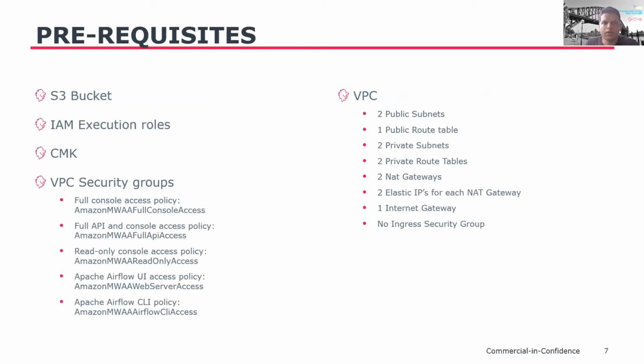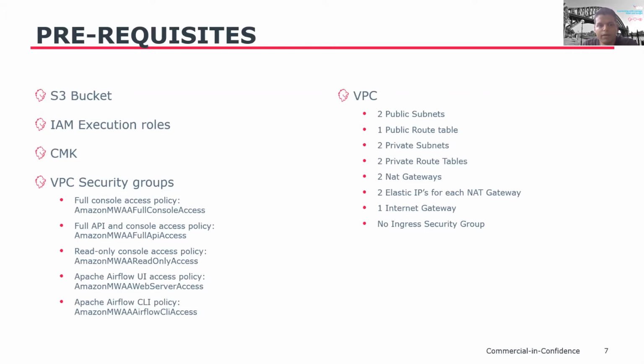Right. So let's look at some of the prerequisites to set up your Airflow environment. One of the key prerequisites is an S3 bucket. This is where all the configuration files, the plugins, and the DAG files are stored, so it's really important.